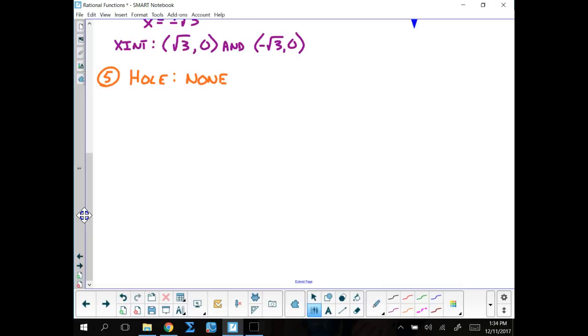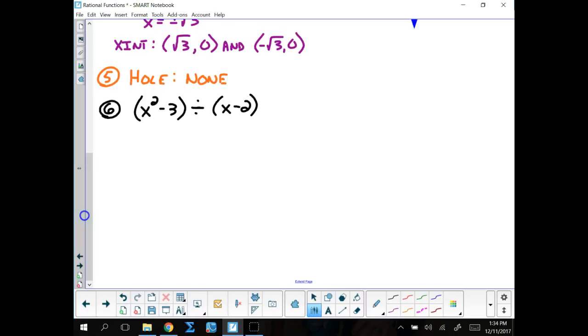Step number 6. I actually have to take x squared minus 3 and divide it by x minus 2.